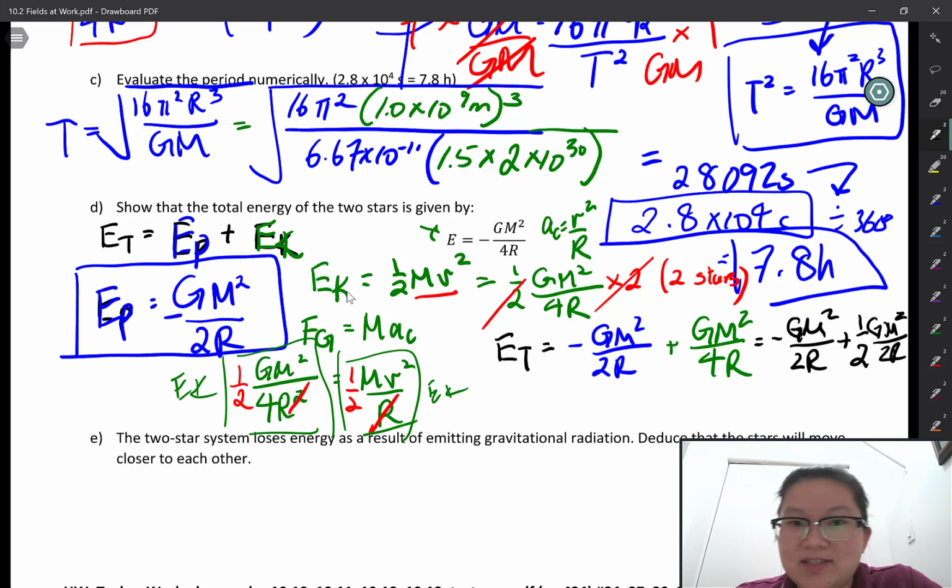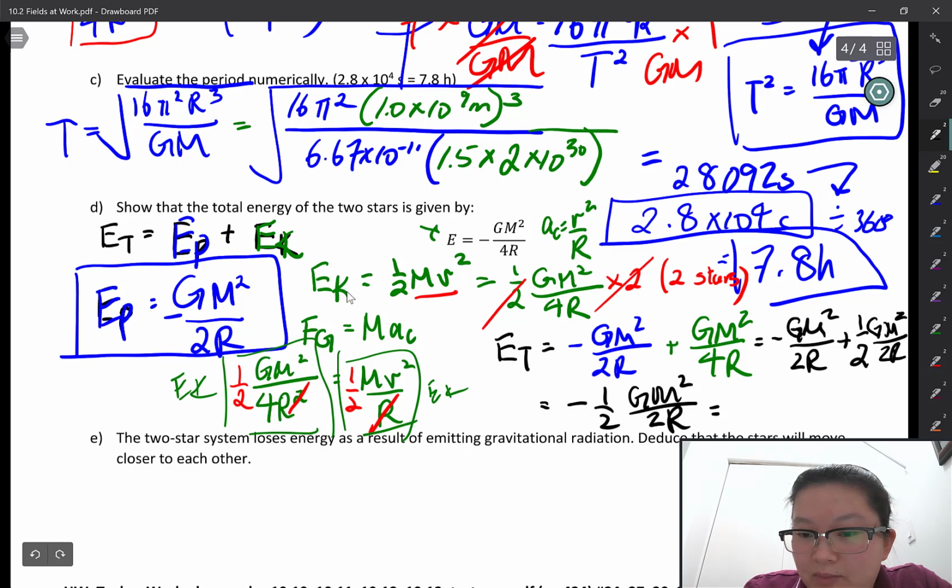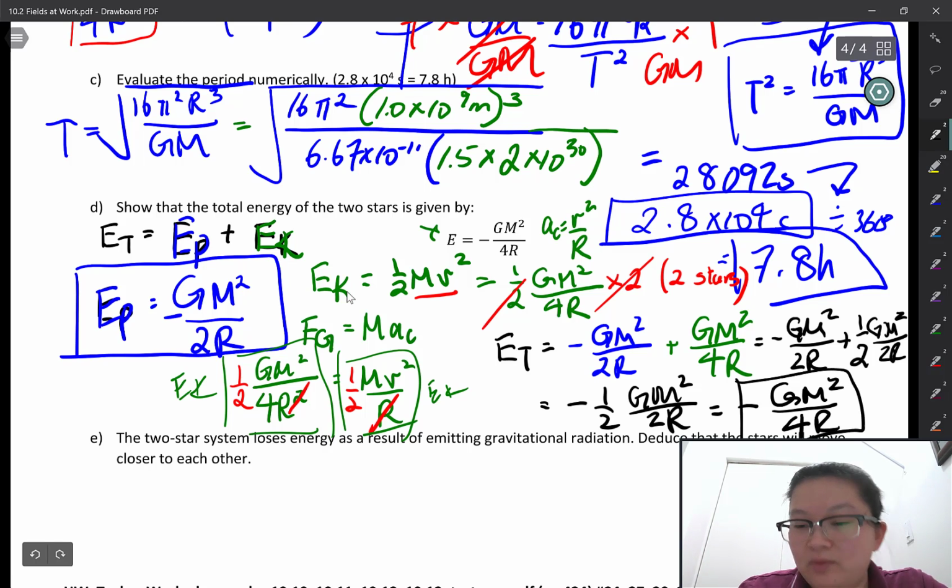We know -1 plus 1/2 is equal to -1/2. So -1/2 times big G, big M squared over 2r, multiplied together, is going to be negative big G, big M squared over 4r. Yay, we did it. There you go.